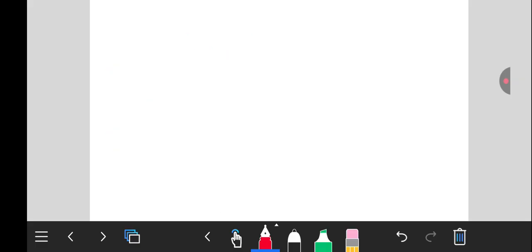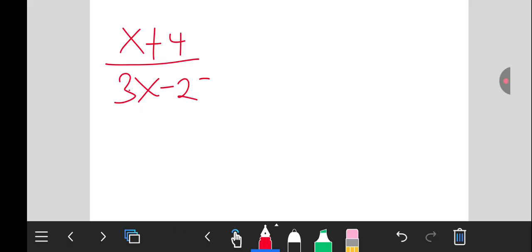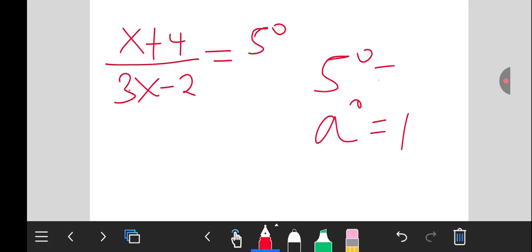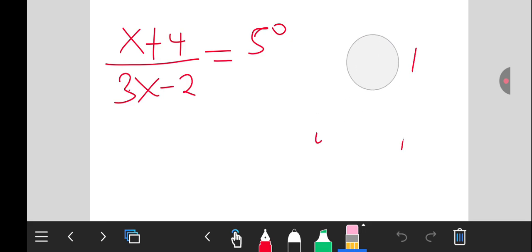Okay, so what we have is x plus 4 over 3x minus 2 is equal to 5 to the power 0. And we just said any number raised to the power 0 is just 1. So 5 to the power 0 is just 1. Okay? So this is what we are doing here.